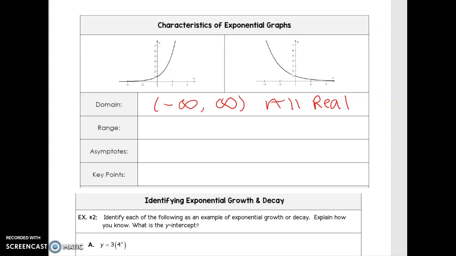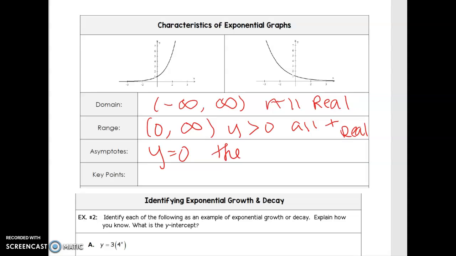Your range is from 0 to infinity. y has to be greater than 0, all positive real numbers. Your asymptote is y equals 0, the x-axis.